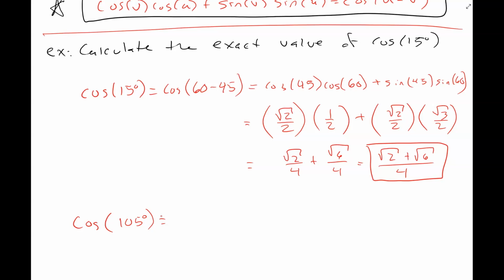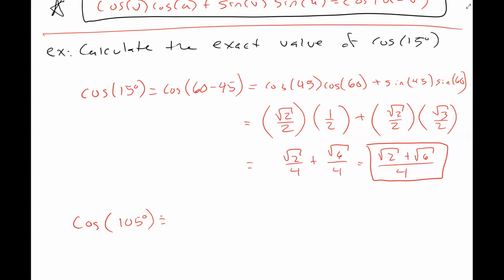Okay, so I'm going to go to my unit circle and find two angles that when I subtract them, I get 105. Are there going to be just one pair of angles like that? No, there's going to be lots of them. You just got to find one pair of angles from our unit circle that when I subtract them, I get 105.